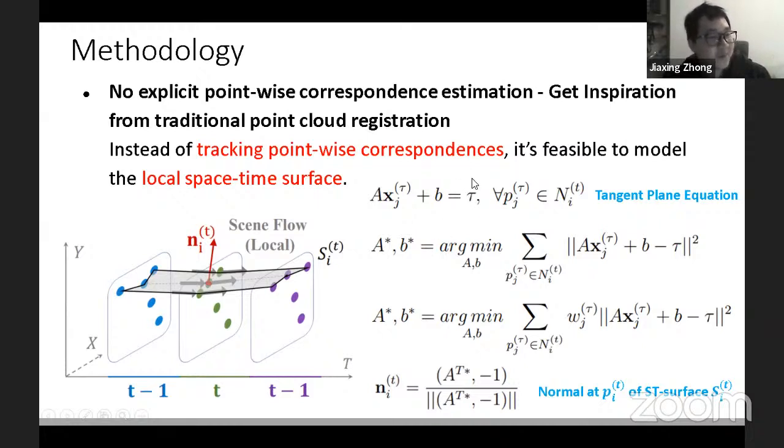But it would not affect too much of the normal calculation, whether it's 0 or some other number, their normals should be almost the same, because as long as the shape of this plane or this tangent plane is unchanged, the normals should be the same.